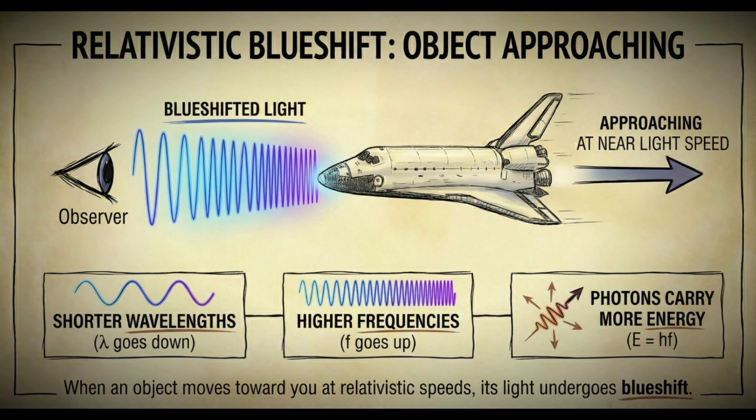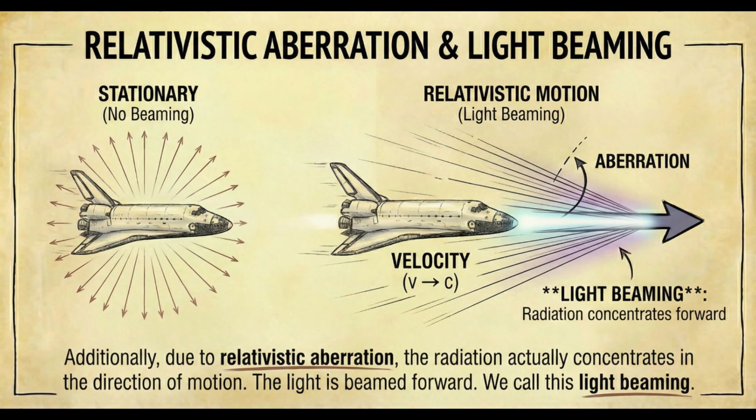When an object moves toward you at relativistic speeds, near light speed, its light undergoes blue shift. The wavelengths get shorter, the frequencies get higher, the photons carry more energy. Additionally, due to something called relativistic aberration, the radiation actually concentrates in the direction of motion.